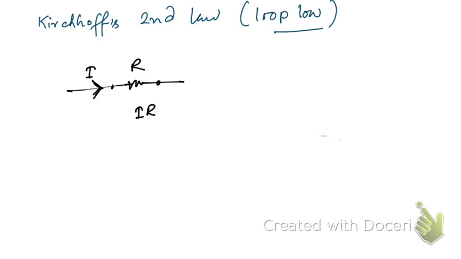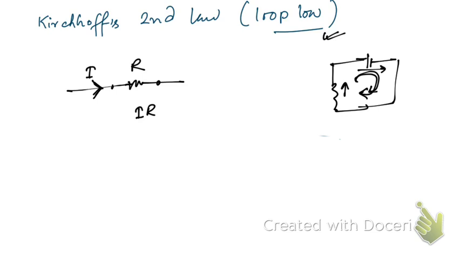When we apply this rule in a closed circuit, we have to choose a path, either clockwise or anti-clockwise. It's your choice. This is the direction of the path that we have taken.